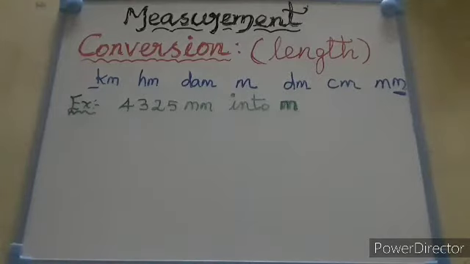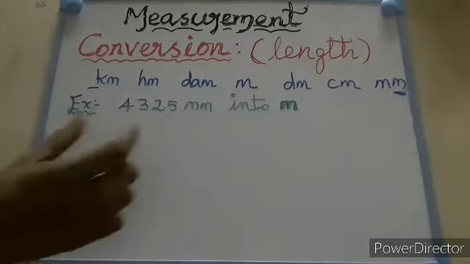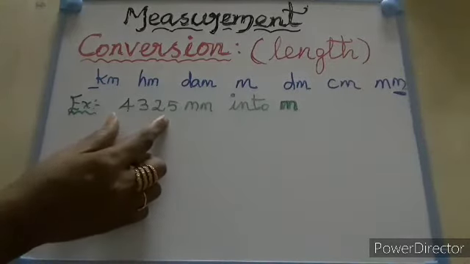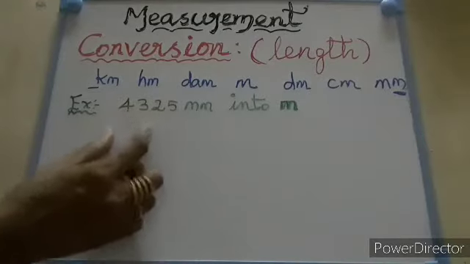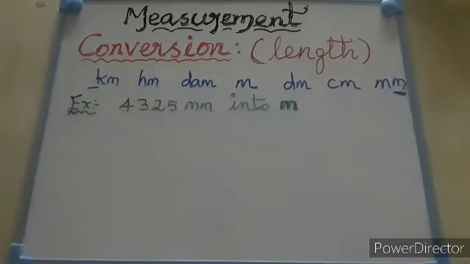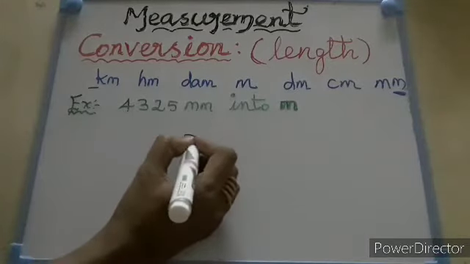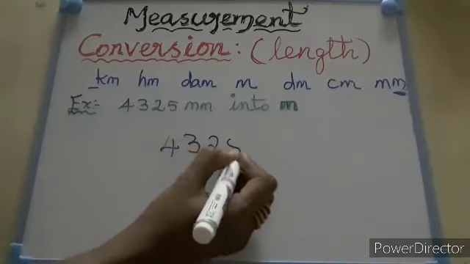Before you convert, first you should know what is in this number. What units are hiding inside this number? Look here, suppose this is one number, 4325.